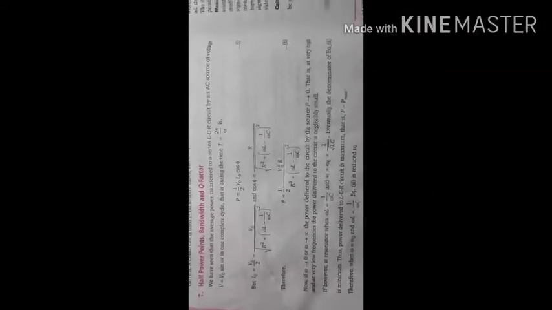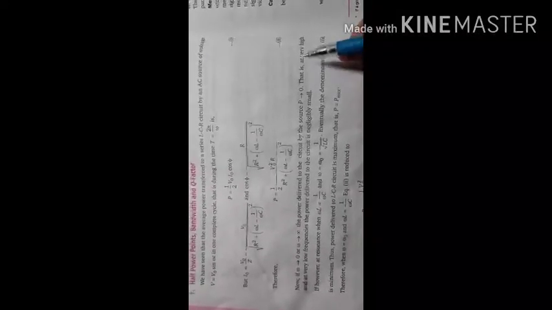Therefore, for both omega tends to 0 and omega tends to infinity, the power becomes 0. That means at very high and very low frequencies, the power delivered to the circuit is very small, close to 0.